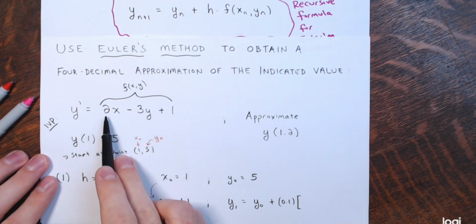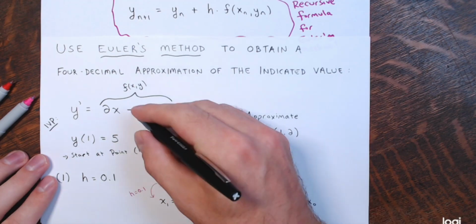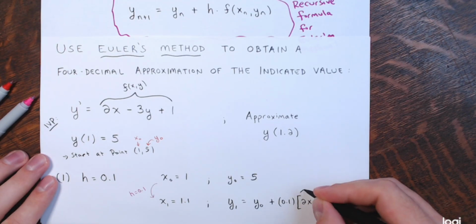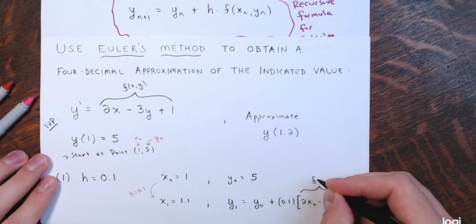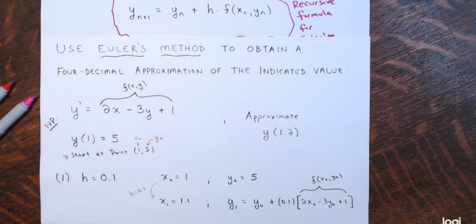That's 2 times x0 minus 3 times y0 plus 1. In the brackets here is the f of x0, y0, and that's how we find our next y value, y1. This is going to be what y is approximately at 1.1.